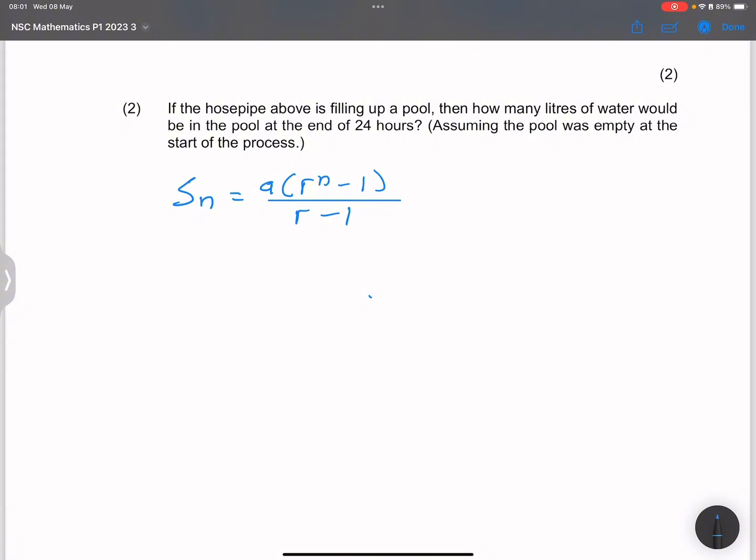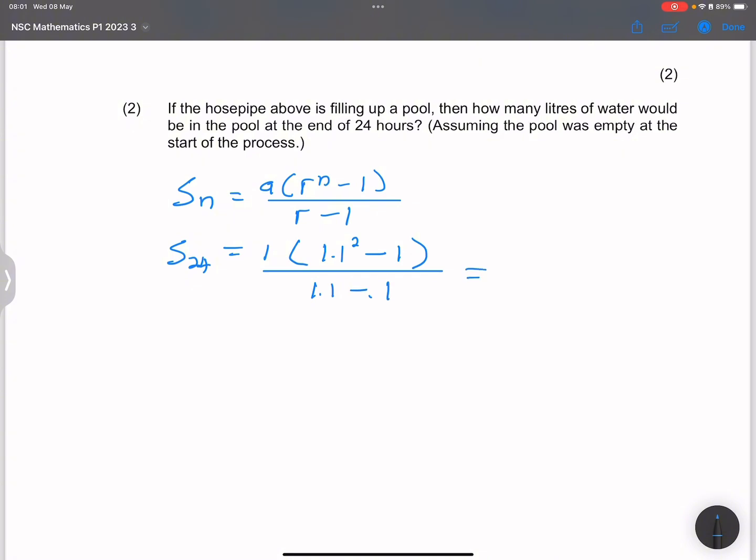The first term is 1, our R is 1.1, and this is S24, in 24 hours, so minus 1, divided by 1.1 minus 1.